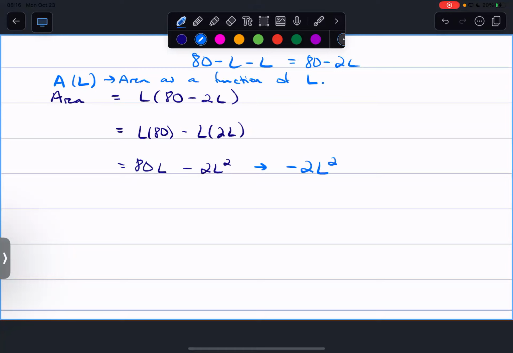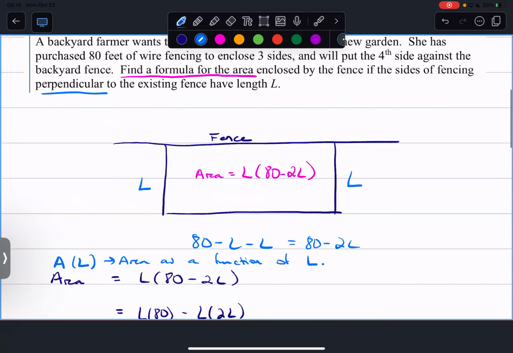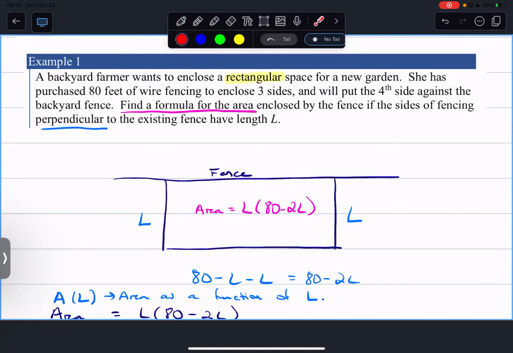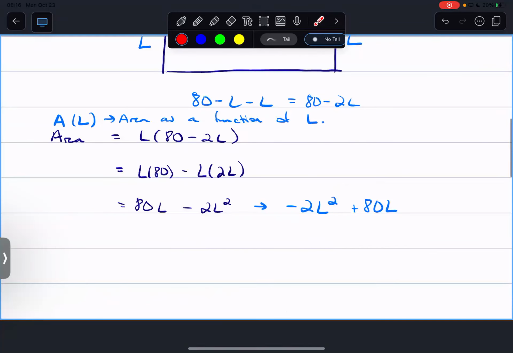Negative 2L squared plus 80L. Okay. So now, find a formula for the area enclosed by the fence. We've done that. Nice. And the formula is a quadratic.